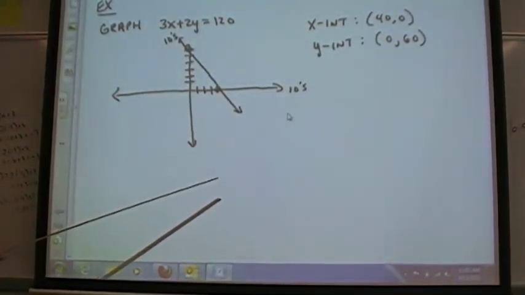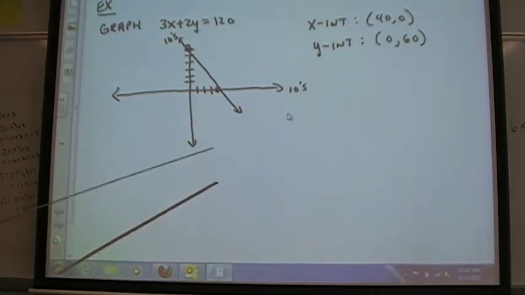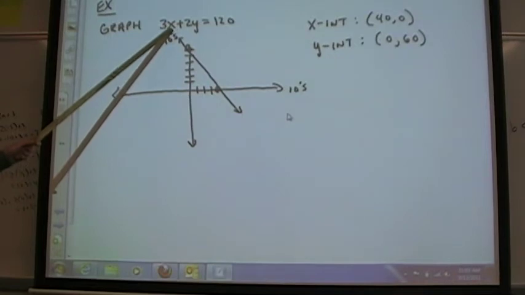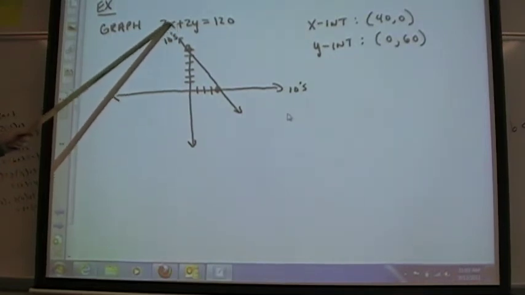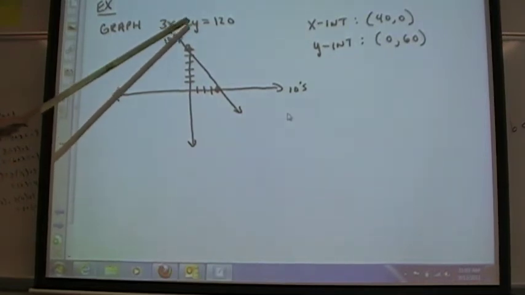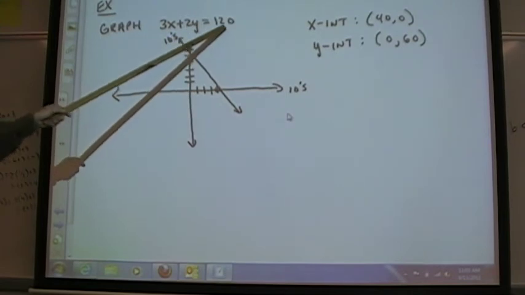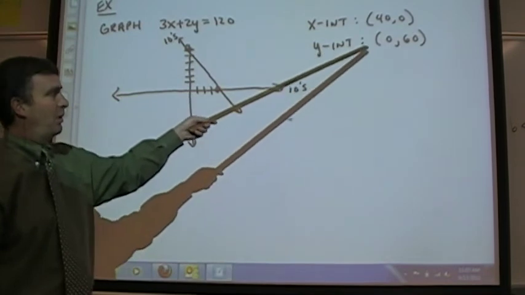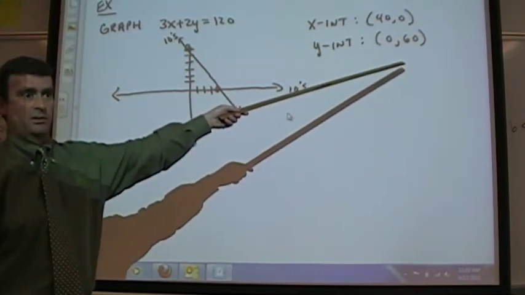So to find the y-intercept, what do you set x equal to? 0. That's all you have to do. So if I set x equal to 0, you're just left with 0 right here. And what are you left with? 2y equals 120. So what does y come out to be? 60. So that is why my y-intercept is 0, 60.